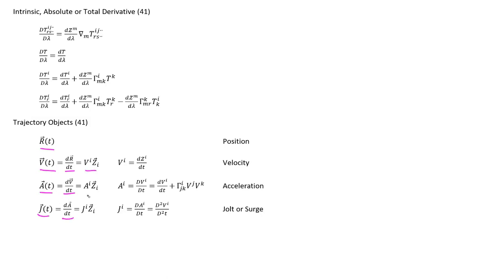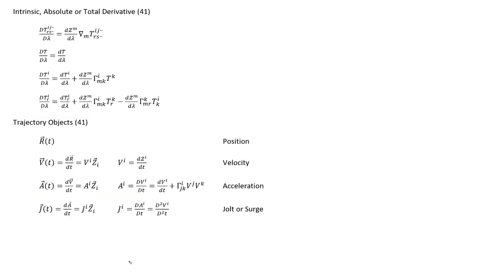And in each case, we showed that we could represent them as linear combinations. And in the case of the velocity component, it's simply the time derivative of our component z^i, but in the case of acceleration and jolt, it's the intrinsic derivative, first of all, of the velocity, then of the acceleration in turn. And this one as well can be represented as the second order intrinsic derivative of velocity. So the pattern continues for as many orders as we want to apply it.